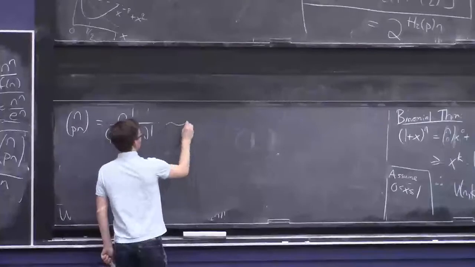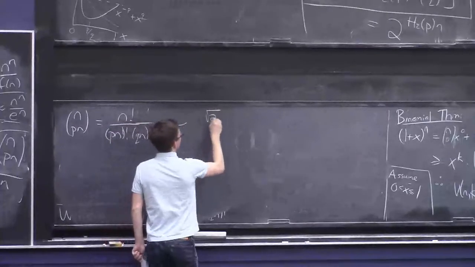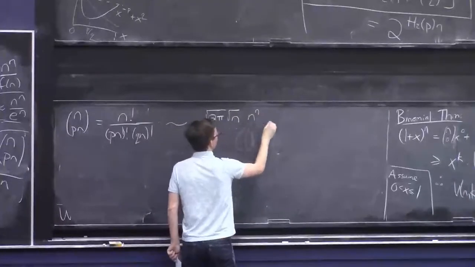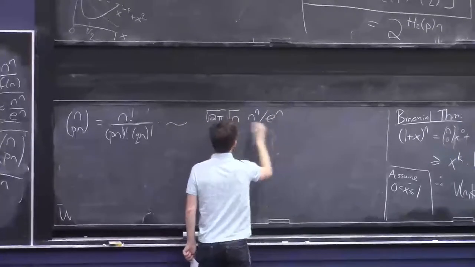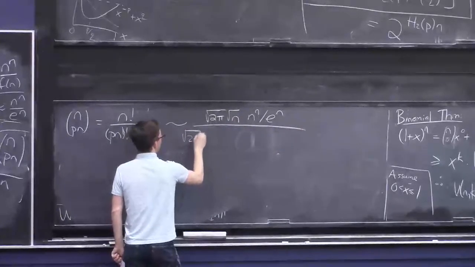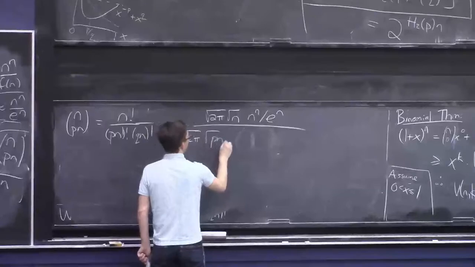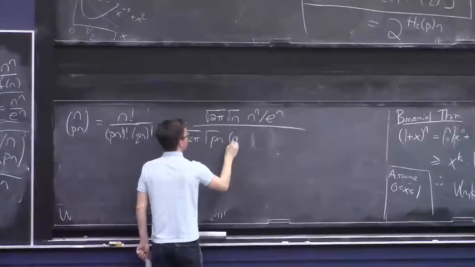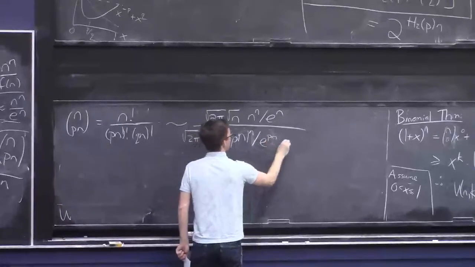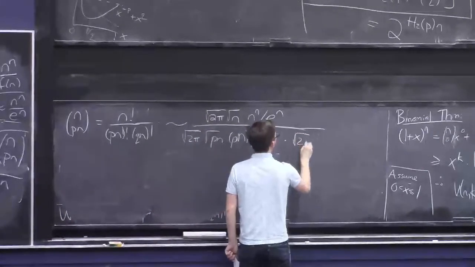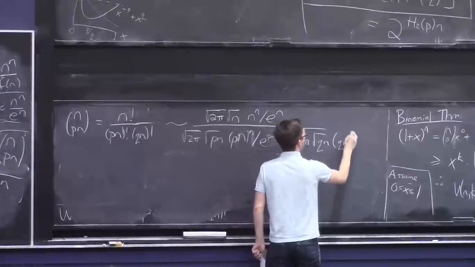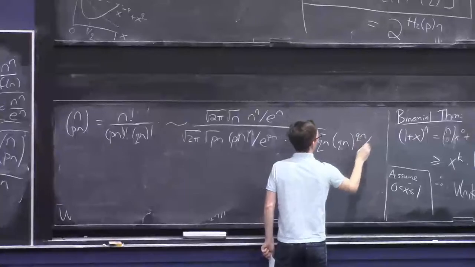And so we get that this is asymptotic to, in the numerator, good old Stirling, root 2 pi, root n, n to the n over e to the n. Denominator, we have the same thing with pn and also with qn. Root pn, pn to the pn over e to the pn, times root 2 pi, root qn, qn to the qn over e to the qn.